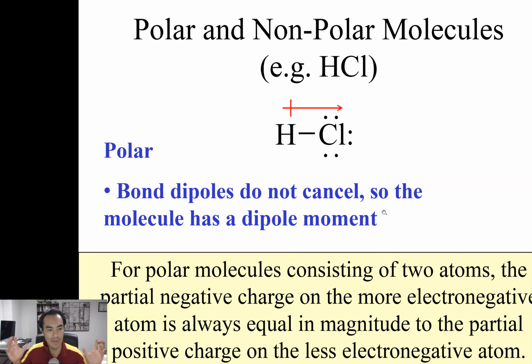The way I like to think of this, just to simplify the whole thing, is if one of them is pulling in one direction, the magnitude is usually going to be equal, unless you have another atom on the other side. So whatever is getting pulled here is going to be equal in magnitude to whatever that partial charge is, just because there's only two of them.